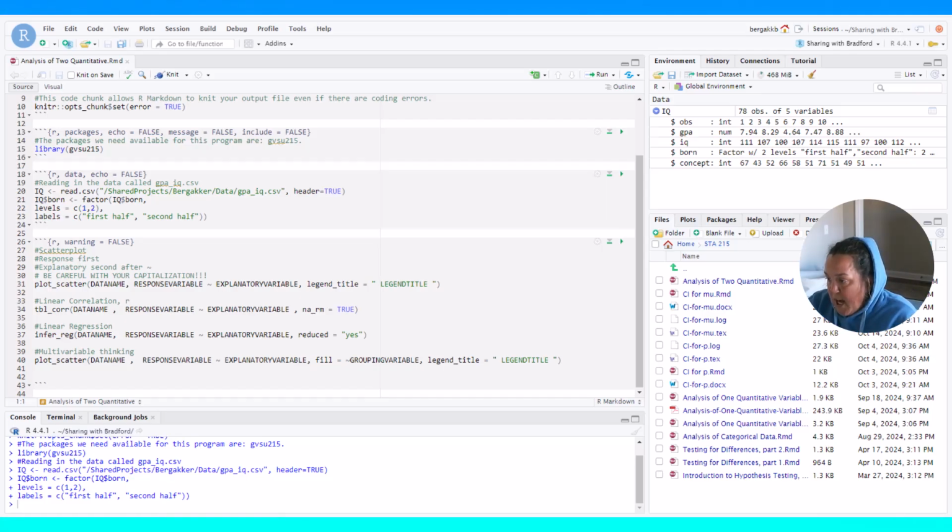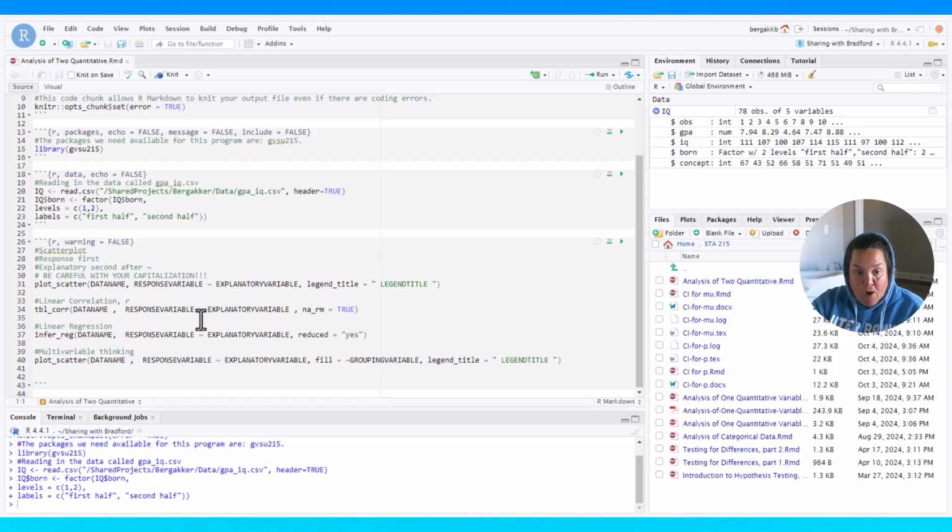One of the things that I want you to notice in the Word document is it says one would think that having a higher IQ would result in a higher GPA. When it says that, it's talking about the direction that the relationship is expected to have. So it's expecting that IQ results in something about GPA. So that means that IQ is our explanatory variable and GPA is our response.